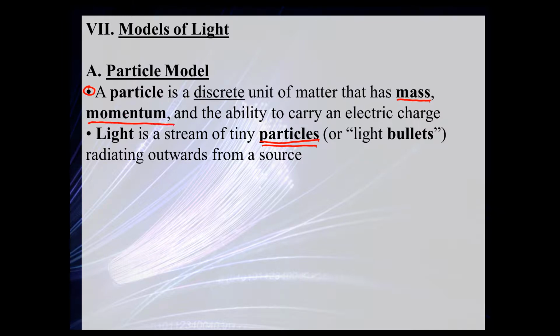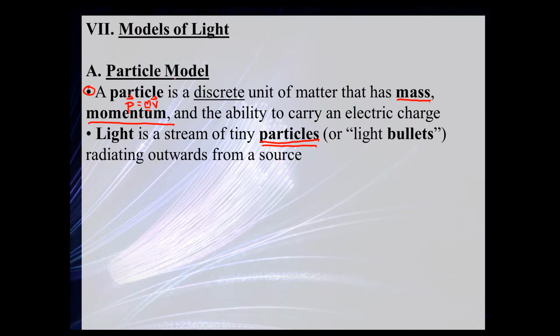Momentum? Well, momentum is mass times velocity. Light definitely has velocity because it's moving, but again, we've got this problem with the mass. It doesn't appear to have mass. And again, the electrical charge, I said it can carry an electrical charge, but it doesn't necessarily have to. So this model immediately doesn't seem to make a whole lot of sense, because how can light have mass?